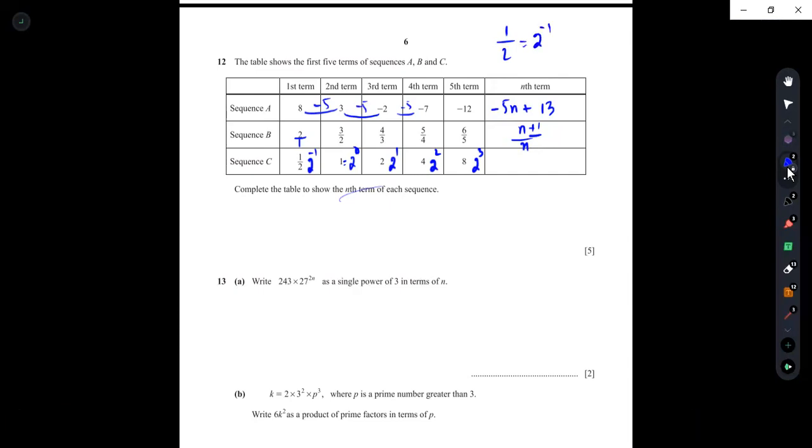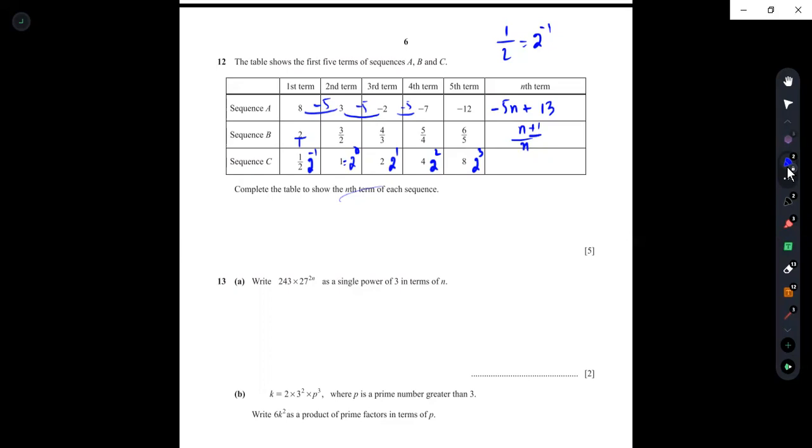So now we need to link the position and the powers. We see that the base is the same, 2, in every term. So 2 is not changing, only the power is changing. So what is the relation between the power and the position? The first position is the first term, and the power is -1. In the second position, the power is 0.